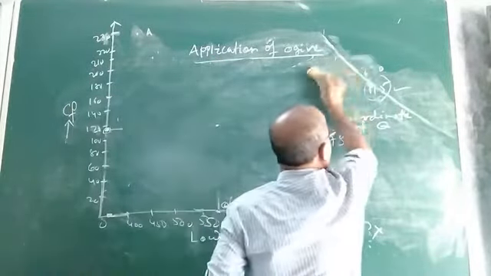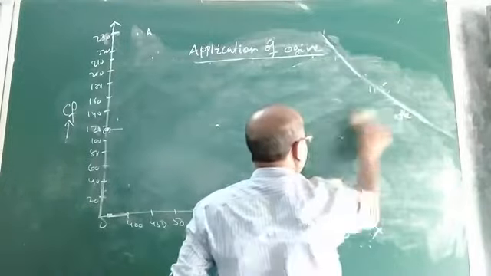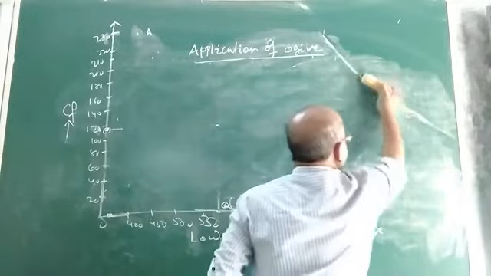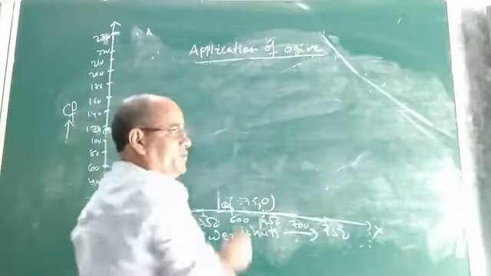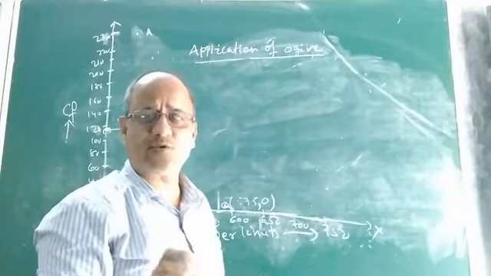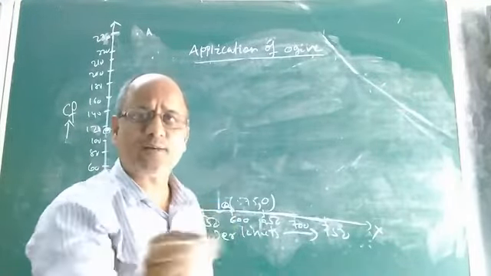If you draw both the ogives, suppose you are given a continuous frequency distribution and you constructed both the ogives.